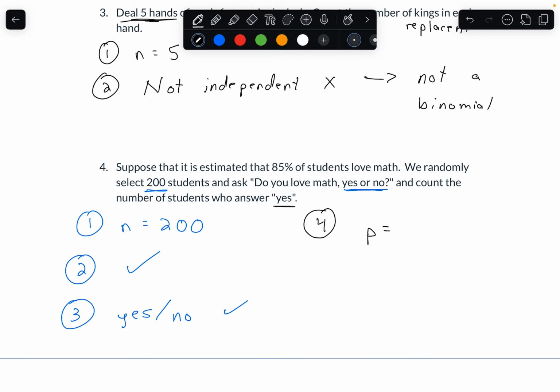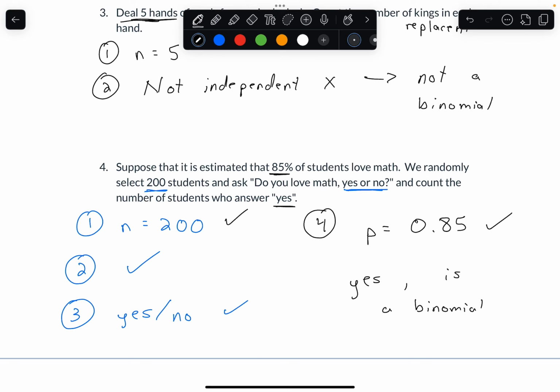So the probability of selecting a student who answers yes seems to be roughly 85% if we're selecting randomly. So my probability of success for each one of these trials, each one of these students, is 0.85. So yes, this condition is met. So we've met all 4 of our conditions. So in this case, yes, this is a binomial experiment.